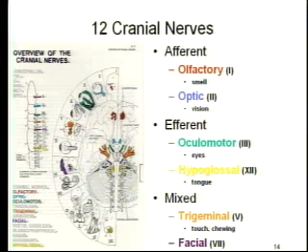Similarly, the optic nerve, known as cranial nerve number 2, is exclusively for vision. The optic nerve connects the eyes to the brain and basically takes visual signals from the retina and carries them to the brain. Here are two exclusively efferent cranial nerves.